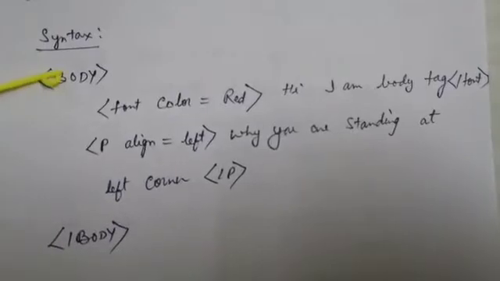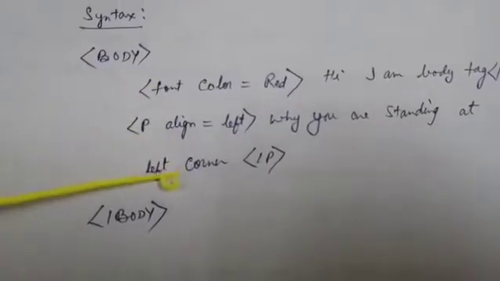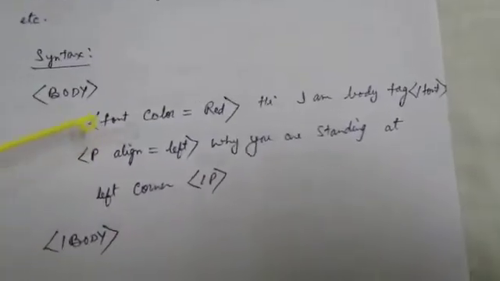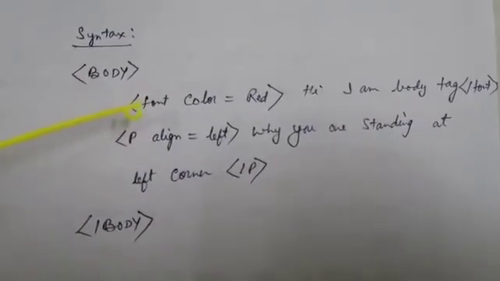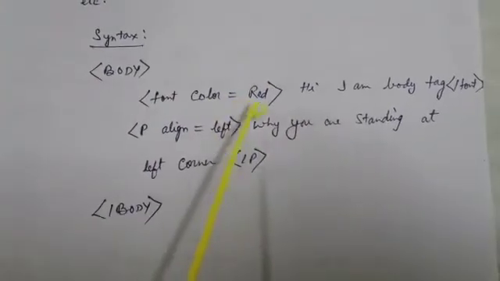The syntax of the body tag will be like this, see: body start, body end, and within it the contents with other tags. Like here it is written font color is equal to red.